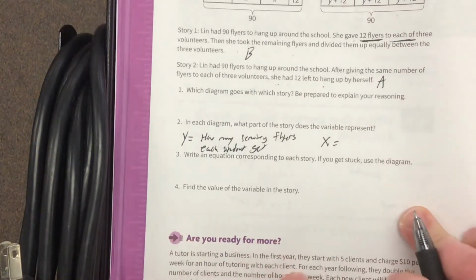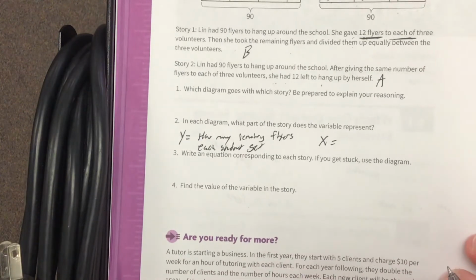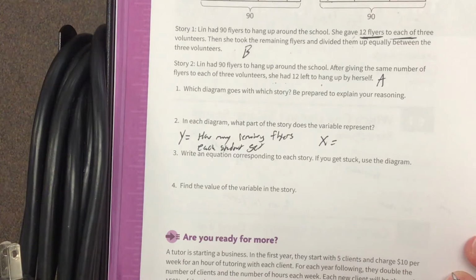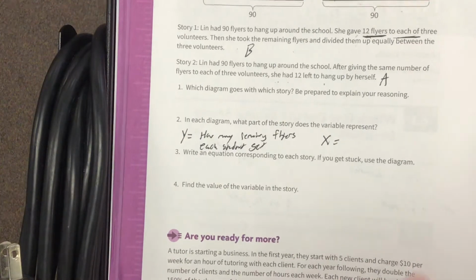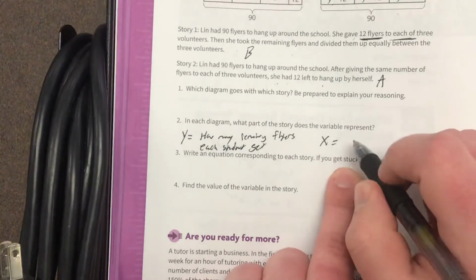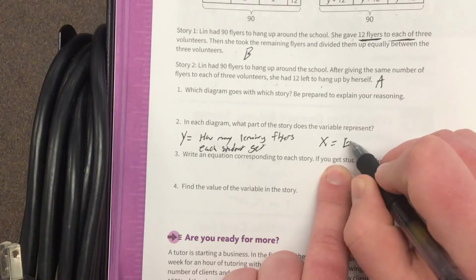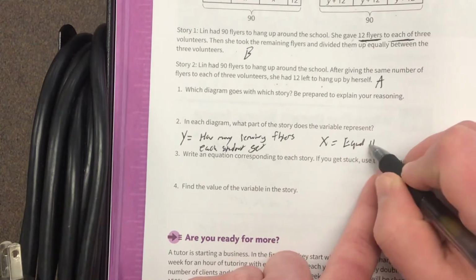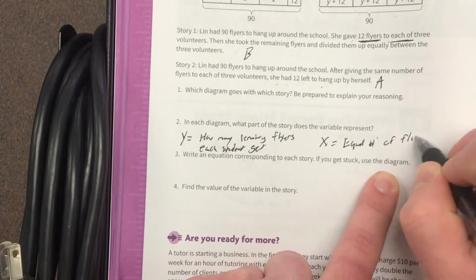All right, and then what does X represent in that second story? Evan? How much each of the volunteers got. Equal number of flyers each student got.